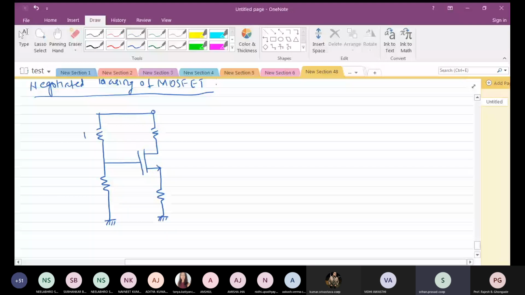This voltage will be called VG because it is the voltage at the gate terminal. Then this is going to be VGS, the voltage between gate and source. We are going to call this RS, the source resistor, and this is going to be the drain resistor. This will be your VDD. So this is how the biasing circuit for MOSFET will look.